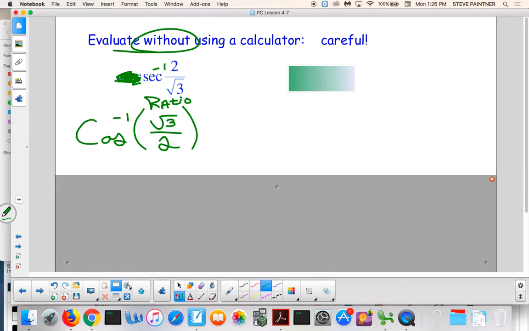And now this is what I'm asking you. Remember, if I give you inverse cosine, it's a ratio. I want an angle. Play with those special triangles and get the right one. Is it 45, 30, 60? Is it a quadrantal, 0, pi?